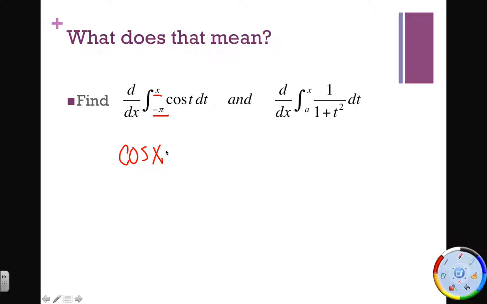Well, that seems kind of too easy, and it kind of is. But that's actually what this theorem is telling us for this first piece. We could just rewrite it as this, taking the derivative from negative pi to x of cosine t dt is cosine of x. Wow, nothing hard there at all.